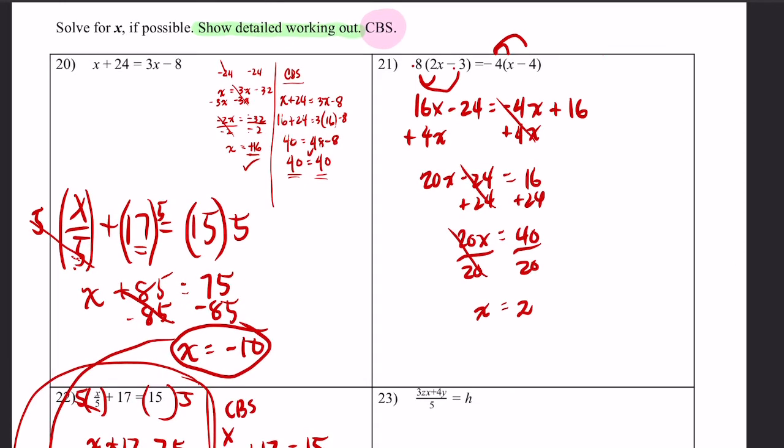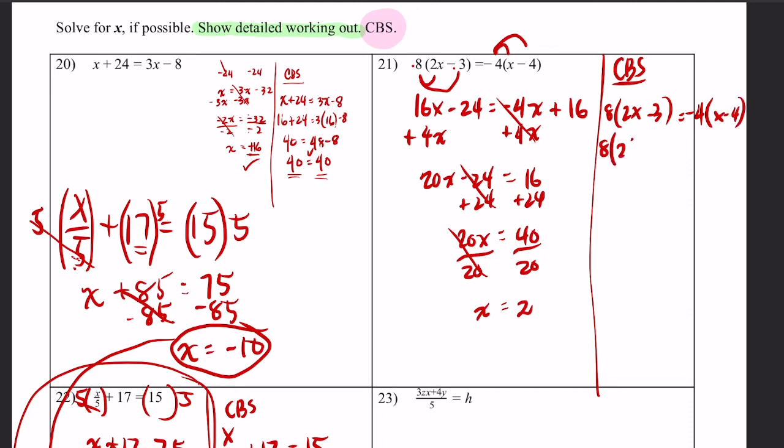So let's check by substitution. Okay, so you have 2x minus 3. Go back to the original, minus 4, x minus 4. So 8, 2 times 2 minus 3 equals minus 4, 2 minus 4.